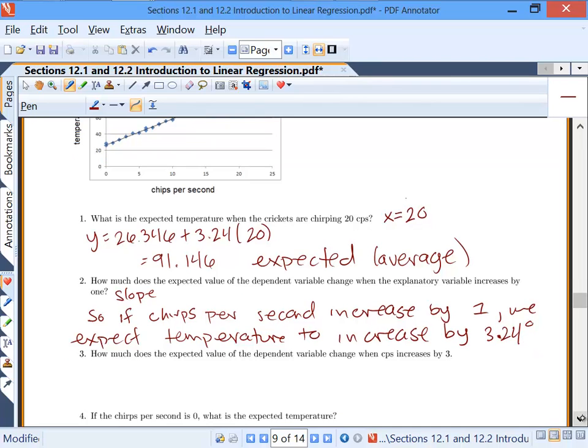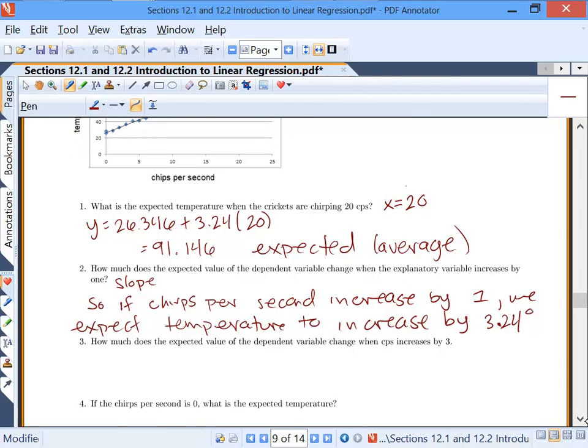So if trips per second increases by 1, then we expect temperature to increase by 3.24 degrees. With that in mind, what would you do if I asked how much the expected value of the dependent variable changes when the trips per second increases by 3?